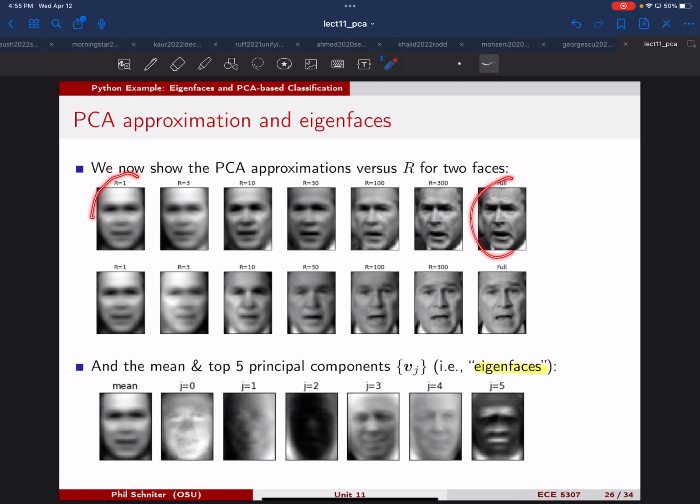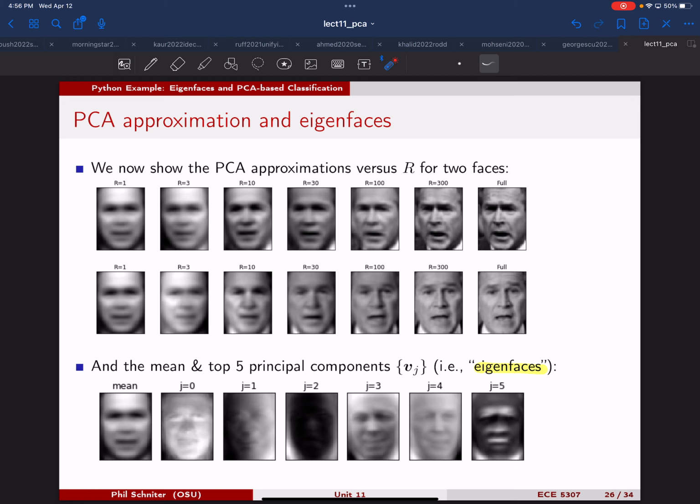So for this image, we found one scalar, that's going to be our zi scalar, that gives this. For this image, there's a different zi prime that gives this. They look almost the same. Maybe if we would have chosen two faces that weren't both George Bush, we would have had more variation. But as you can see, these are pretty bad approximations to the full face. Not surprising because we've compressed all the information down to one number.